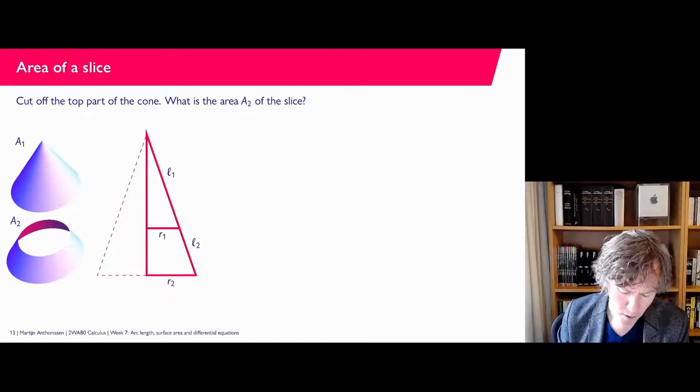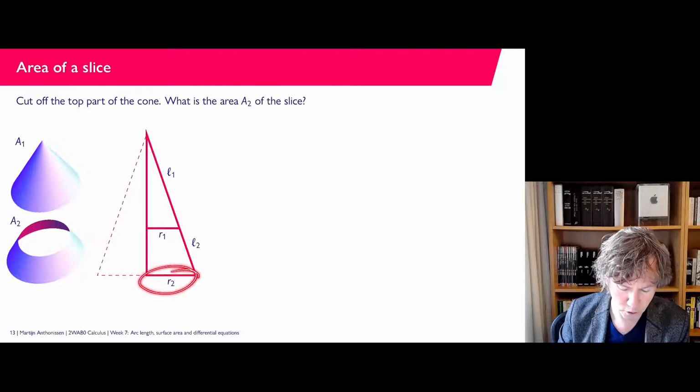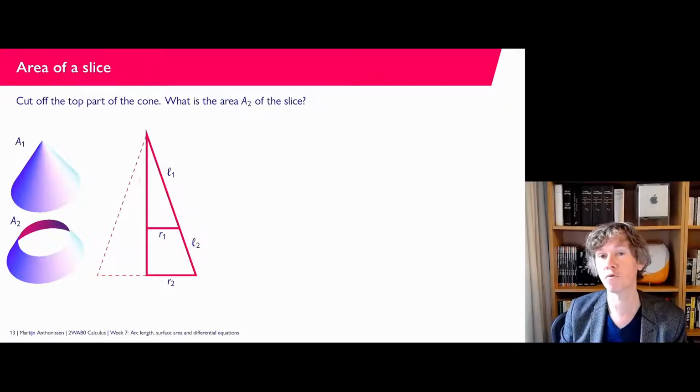Well, I can make this helpful drawing. We have a base radius R1 for the top bit. We have a base radius R2 for this one, slant height L1 for the top bit, and L1 plus L2 for the full cone.